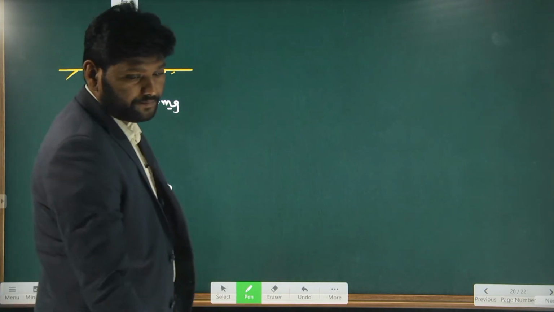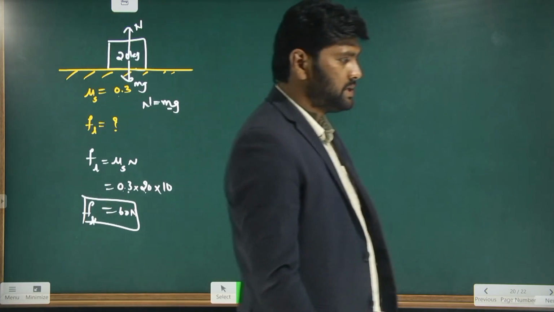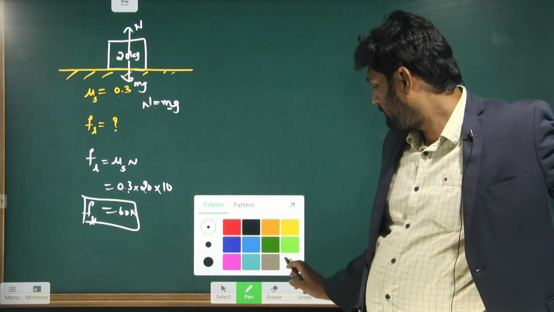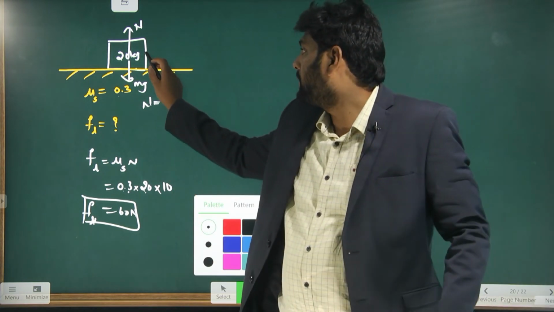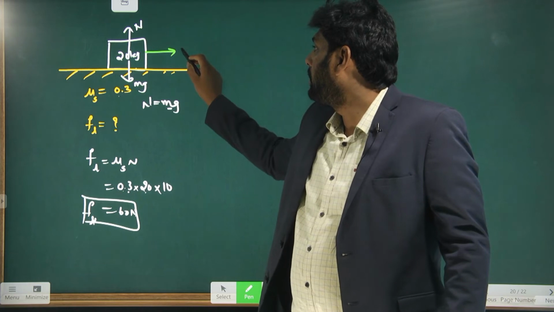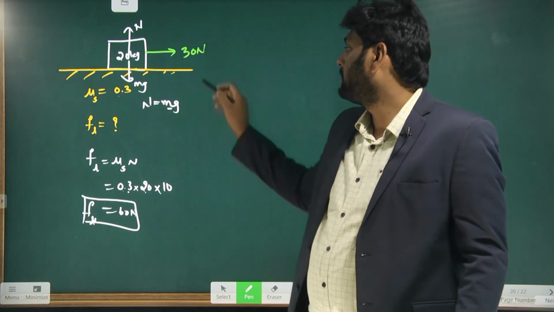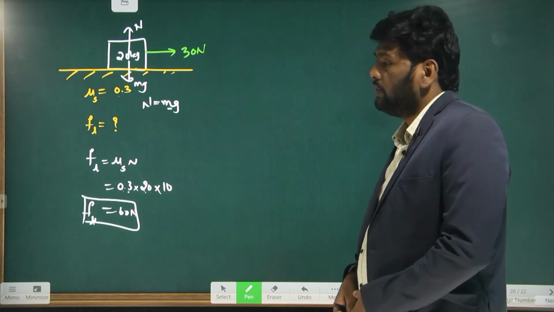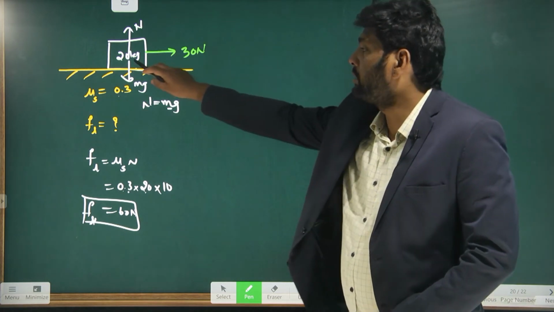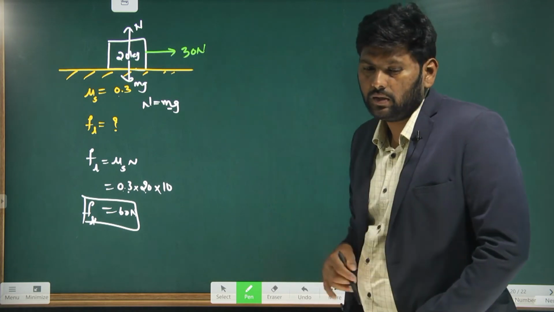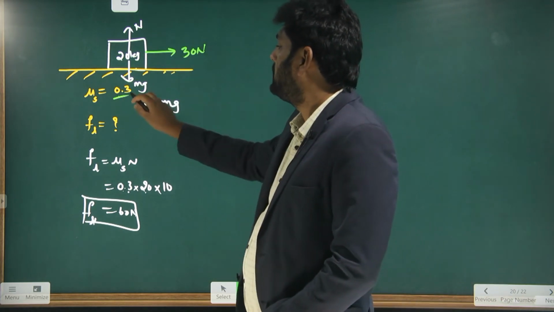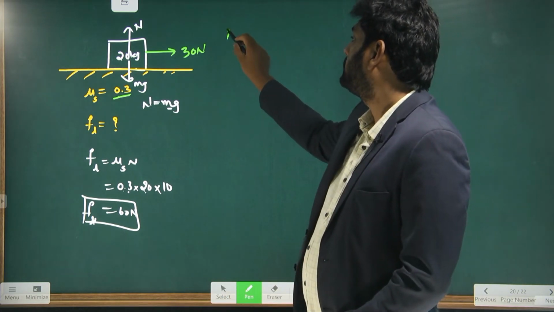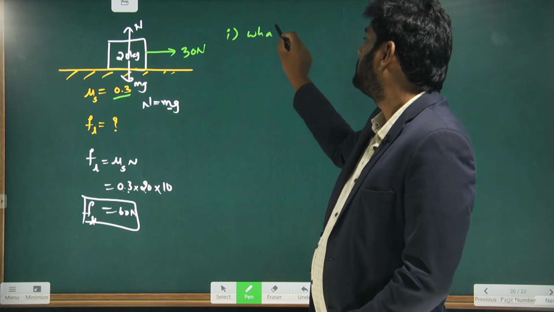When the maximum limiting friction is 60 Newton, now I apply a 30 Newton force on this body. When a 30 Newton force acts on the 20 kg body, and the coefficient of friction is 0.3, what is the friction value?